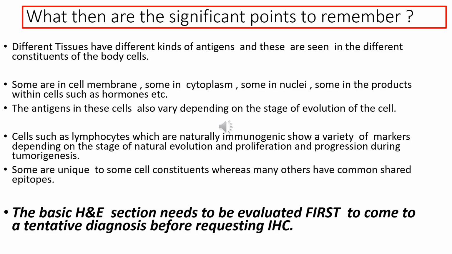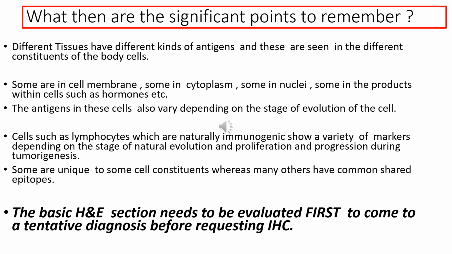Now, some proteins are unique to some cell constituents, whereas many others have common shared epitopes, meaning some of the antigens are not unique to a cell or a tissue. They can be found in different kinds of tissues and different kinds of cells.